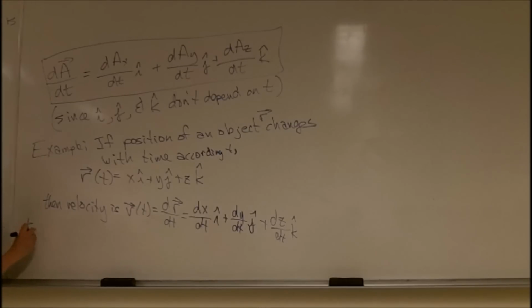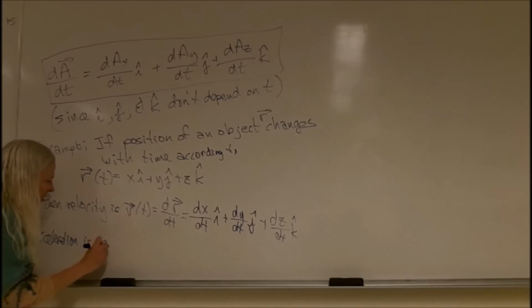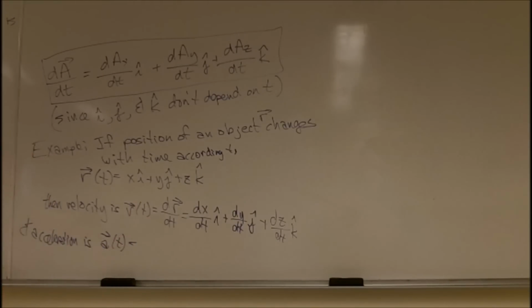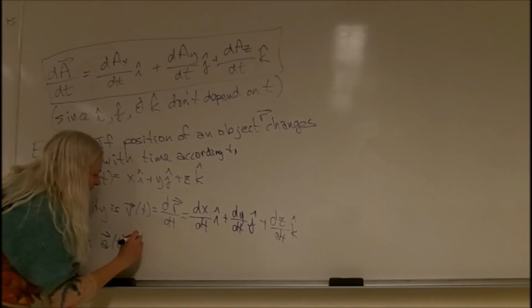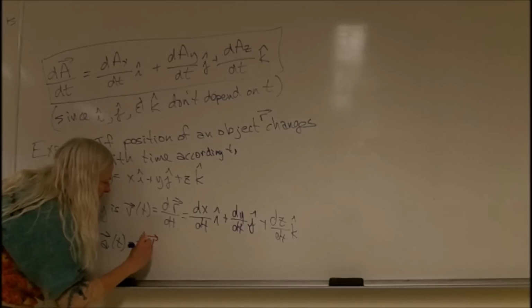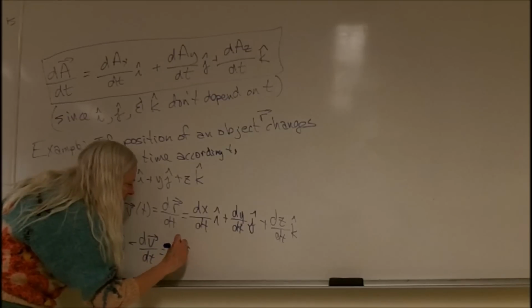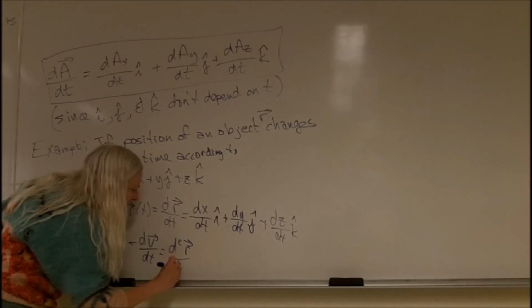And in fact, we could then take one more derivative with respect to time to get the acceleration. So the acceleration, which can also be a function of time, will be the derivative of v with respect to t, or in other words, the second derivative of r with respect to t.